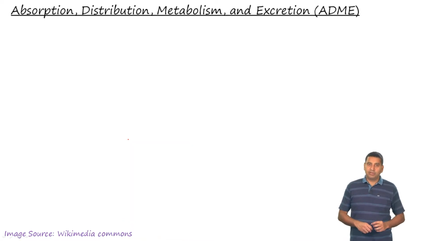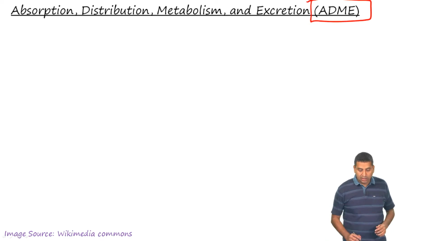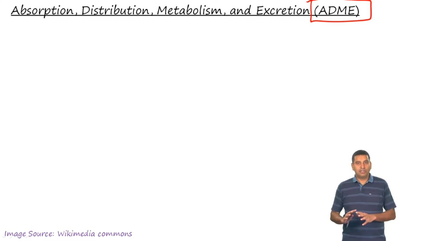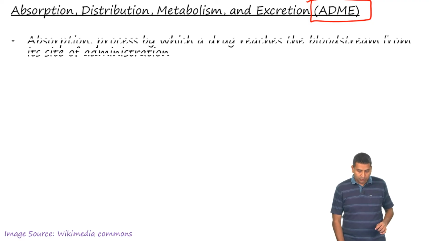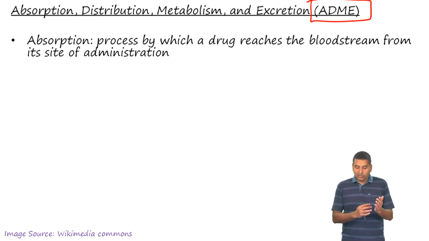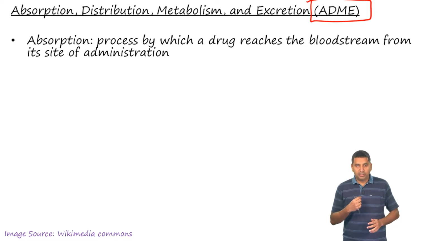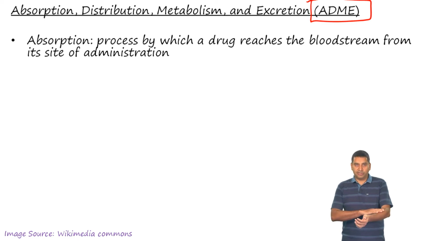The next parameter is called ADME, which is absorption, distribution, metabolism and excretion. We will look at all of these terms individually. Absorption is the process by which the drug reaches the bloodstream from its site of administration. If I take a drug orally, how long does it take for the active drug to reach the bloodstream?